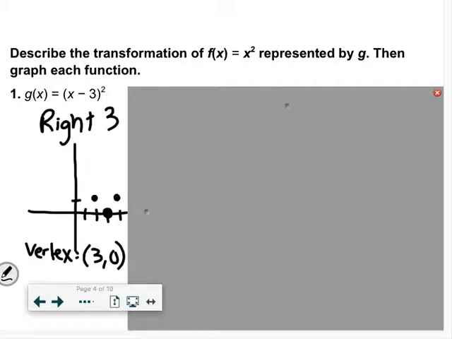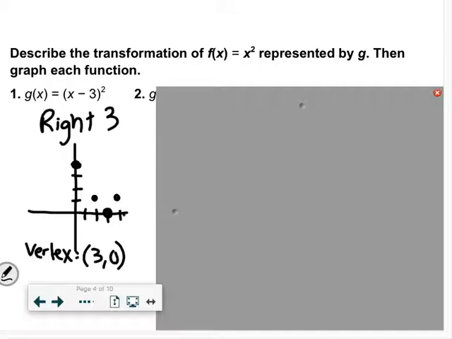So if you wanted some additional points, the next ones would be 2 squared, which is 4, and negative 2 squared, which is also 4. So then you could go up 4, right 2, up 4, left 2. Now, I don't need you to do that many, but just as a side note for later, if you wanted some additional points, you could also use what you know about the parent graph. So I'm going up 4, left and right 2.